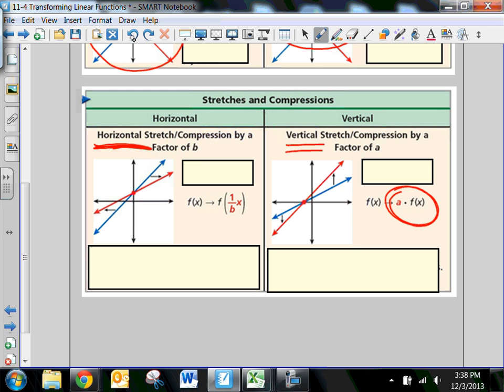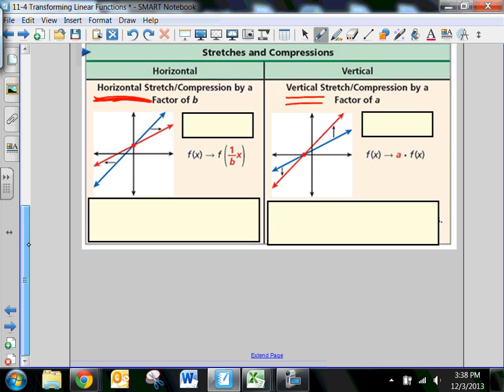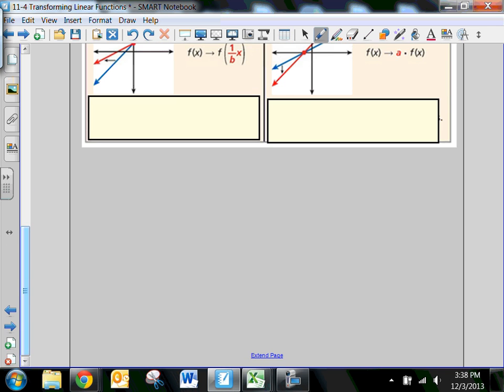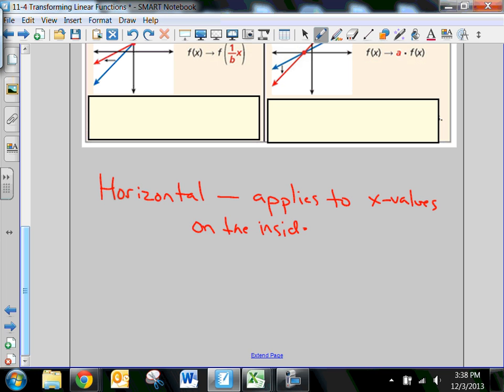Okay, so one of the main things that I want you to remember is that for anything horizontal, it applies to the x values, and we'll say on the inside of the parentheses.